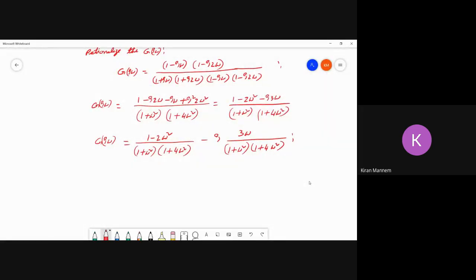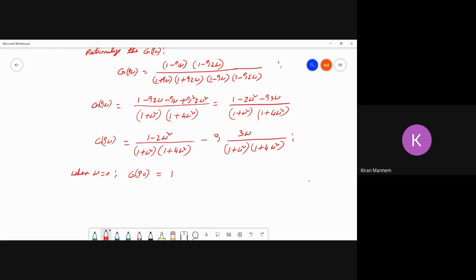Next step, we need to find out the first point and last point. That is when omega equals 0, or omega tends to 0, your G of j0 would be: this is 0, you get 1 in the numerator, this is also 0 and this is also 0, so you get the real value as 1.